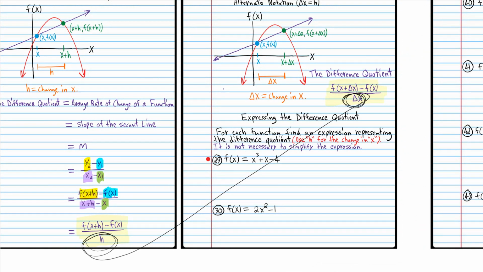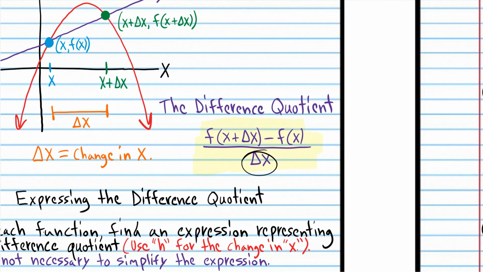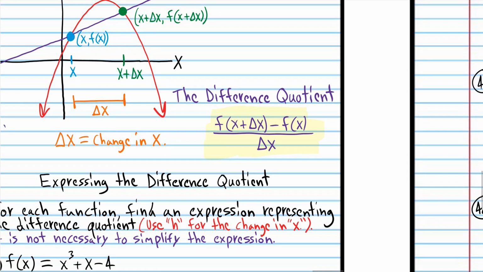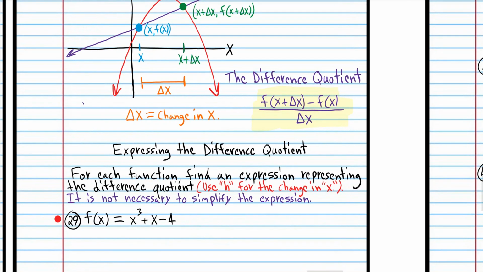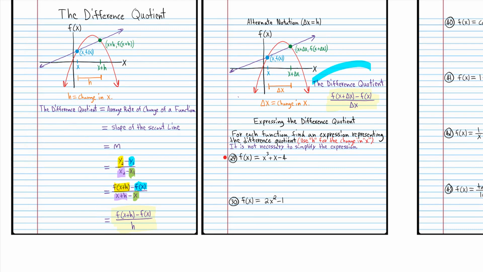We have a different form of the quotient where we use delta x. Delta x means change in x. In science and math, delta always means change. It's a Greek word. So we're going to learn how to use this notation, but we're not going to use the delta x notation because we don't want to confuse things. That gets a little bit more confusing.